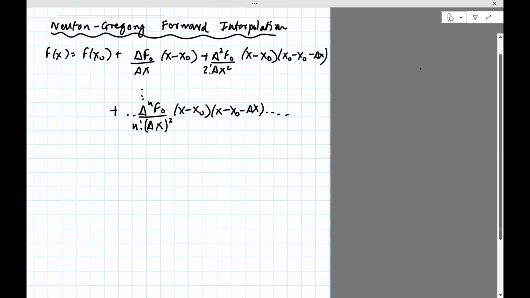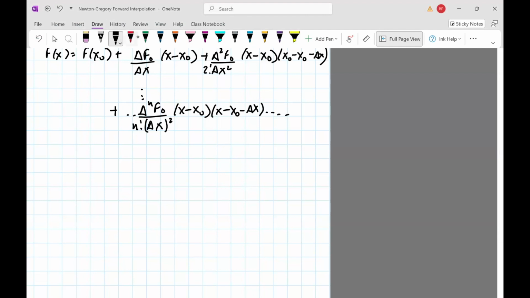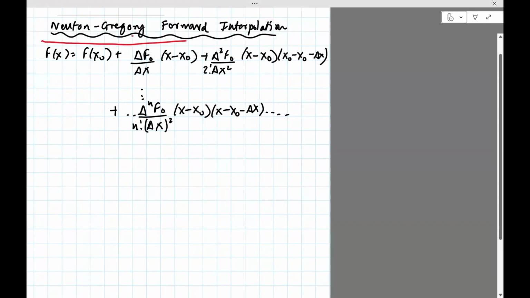Let me just put that. It's the formula you'll see. We don't really use the formula. We'll just use a trick. But this is how it looks.